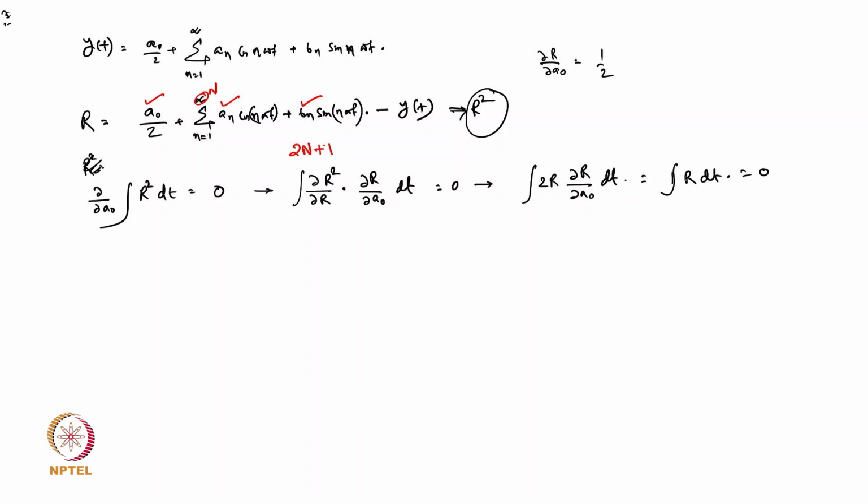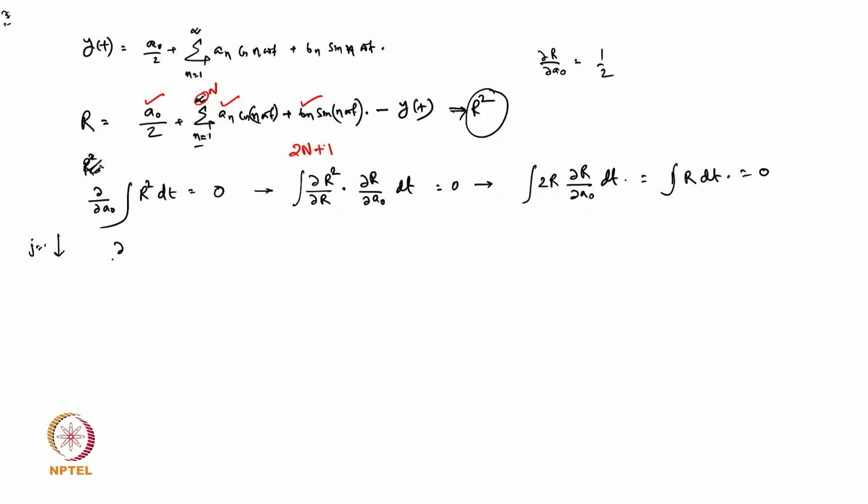Okay, agreed all of you? Very good. What will be the next set of integrals? Because this was the single integral, now we will have a set of integrals. So for the set of integrals, instead of n, I will put j.